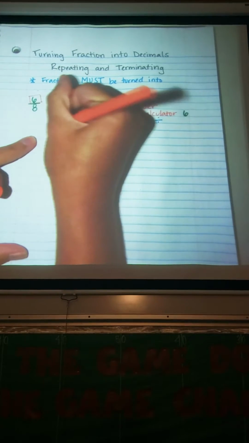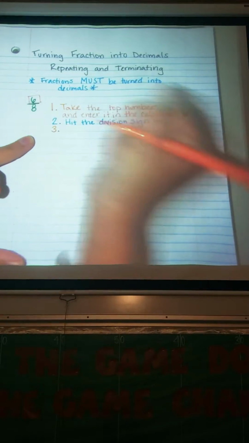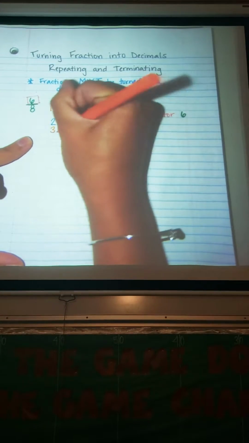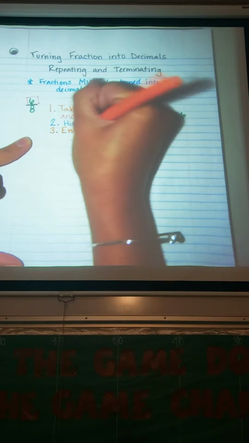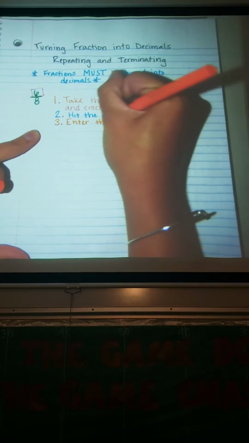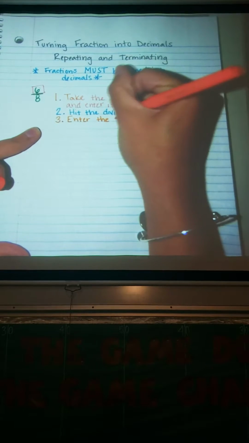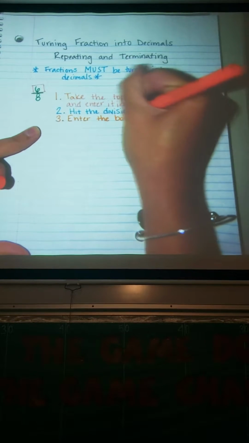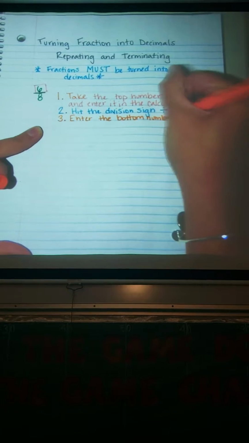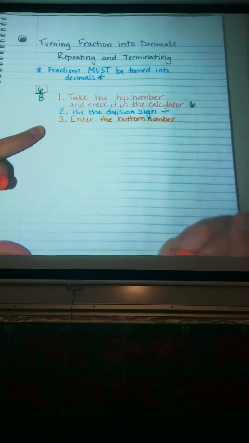The next step in our process is to enter the bottom number. The bottom number is called the denominator. So if I say the denominator, you should know it's the bottom. The numerator is on top, the denominator is on the bottom.